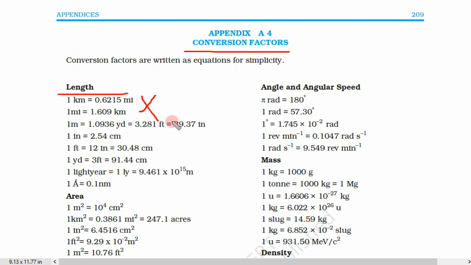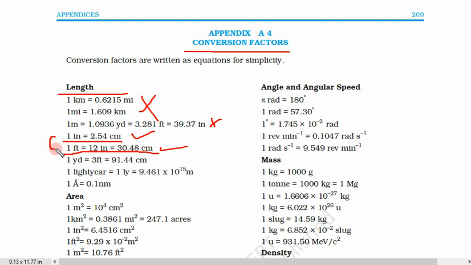So not in physics. 1 meter to yard, this is also not used, but 1 inch is equal to 2.54 centimeter or 25.4 millimeter, that can be used in some questions. 1 feet is equal to 12 inch, that is 30.48 centimeter, that is also commonly used.